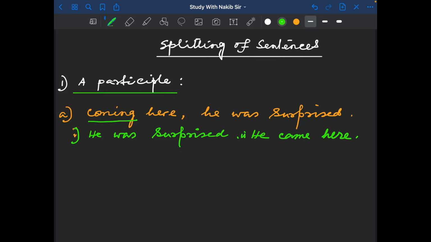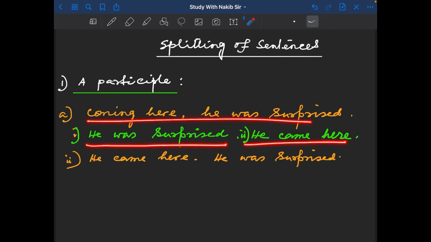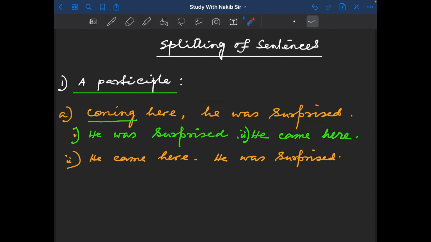You may write the second sentence first this way: he came here, he was surprised. So from the given sentence you got two small sentences, so your given sentence is split up into two small sentences. Number one, he came here. Number two, he was surprised.